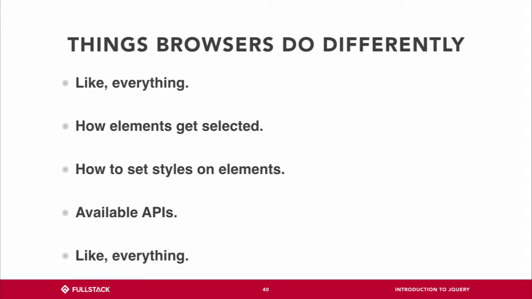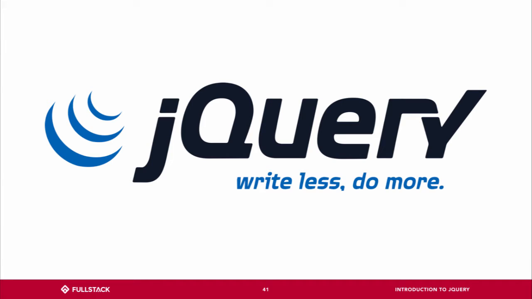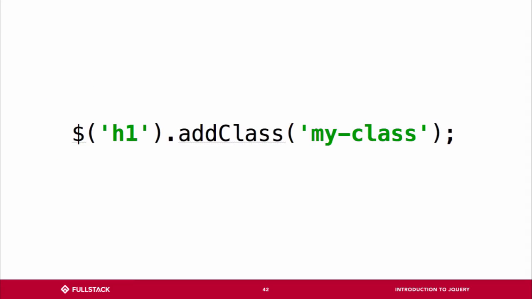So the bottom line is, you want to take this differential of the browser off your plate as a development task. You don't want to be in a position to say, okay, I'm going to get this application working in Internet Explorer, and maybe the person next to me is going to get it working in Firefox, and someone else is going to have to do it in Chrome. You want to not have to deal with those differences, and that's where jQuery ends up coming in.